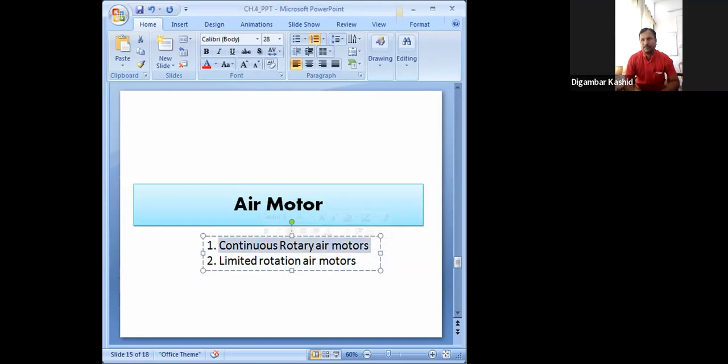rotary air motor. Okay. Now, actually, these air motors with unlimited angle of rotation can go even up to 10,000 revolutions per minute, that means 10,000 RPM. So that much it is possible to get, unlimited angle of rotation, with this continuous rotary air motor, and these types of air motors are widely used to provide very high rotational speed.